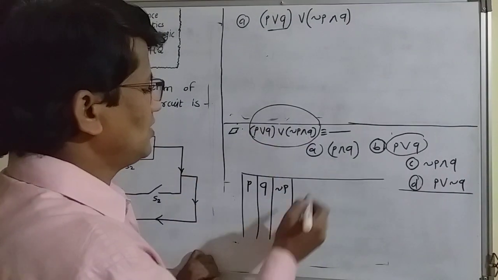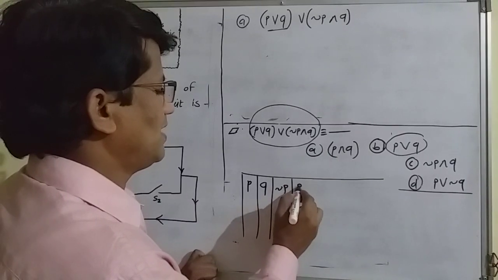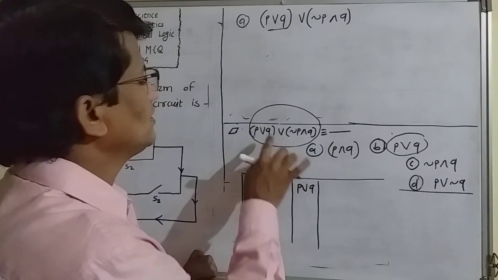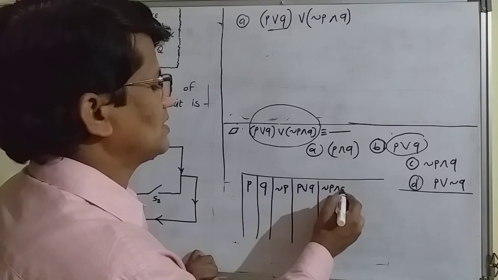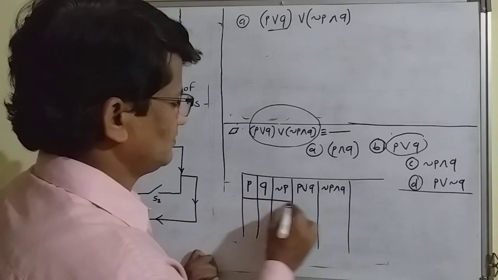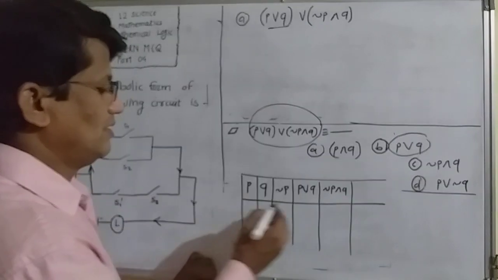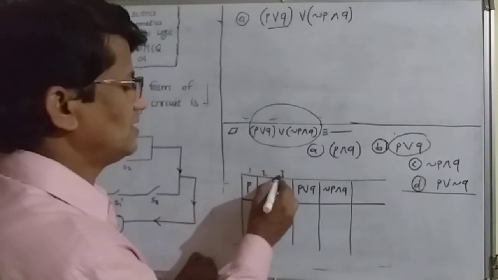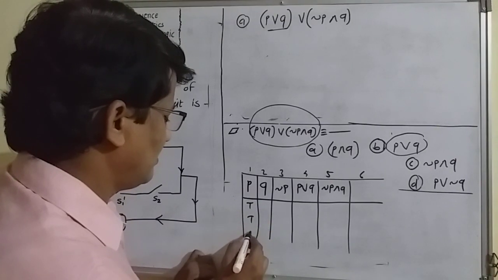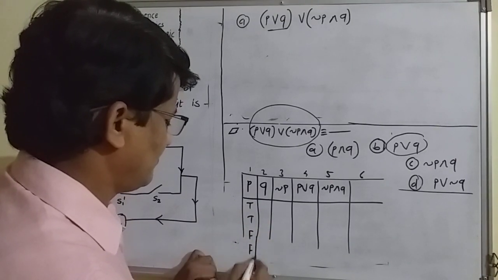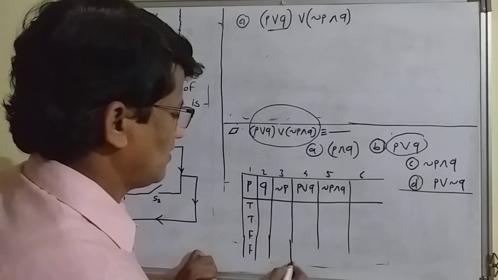Then use our first bracket, P or Q. Then this bracket, negation P and Q. This is number 1, 2, 3, 4, 5, 6. Here, double T, double F.